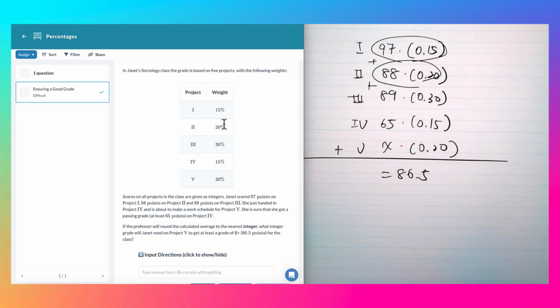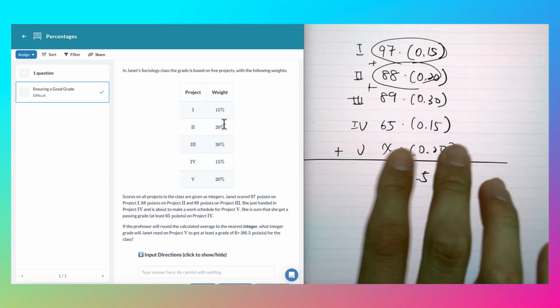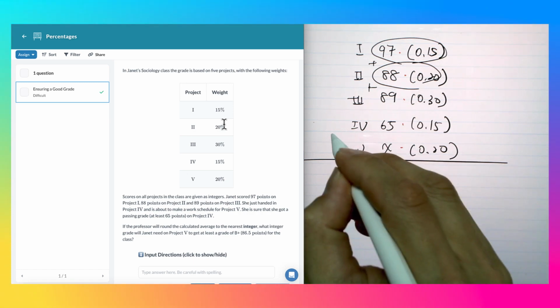Okay, so 97 times 0.15 plus 88 times 0.2, 89 times 0.3, 65 times 0.15, plus, okay, we're going to just add up all the 4 here.